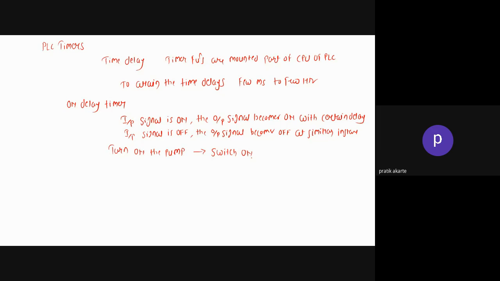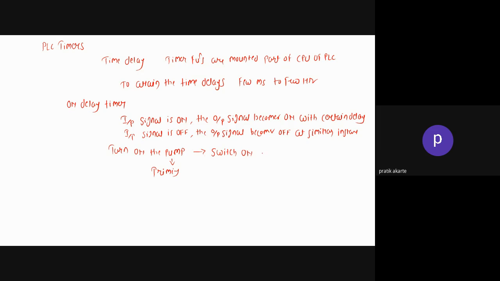So your switch will be on to turn on the pump, but the pump will not start immediately when your switch is on, because this pump requires priming. If the pump requires priming, then it will take some finite amount of time to complete this priming process. So because of this, your output, that is the turning on of the pump, is delayed by a certain amount of time.